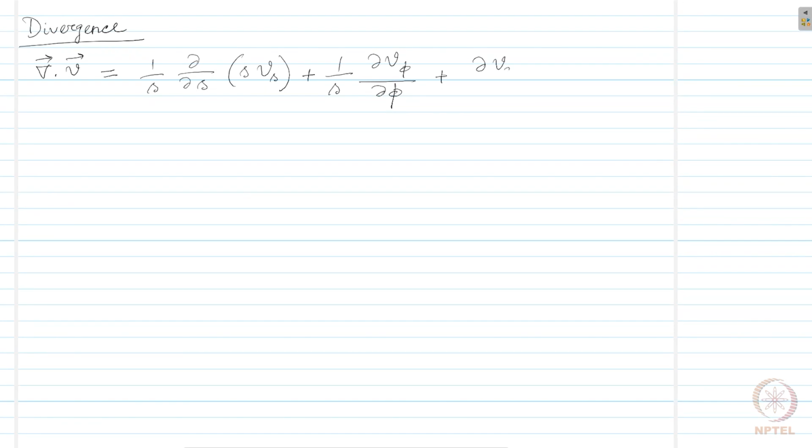For divergence of a vector field V in cylindrical coordinate system, the expression can be given as 1 over s del by del s of s times V_s plus 1 over s del V_phi del phi plus del V_z del z.